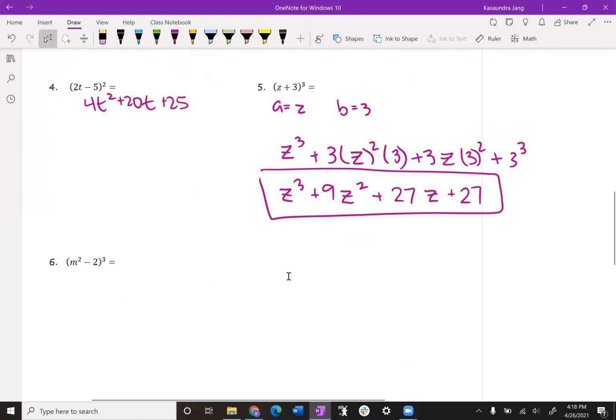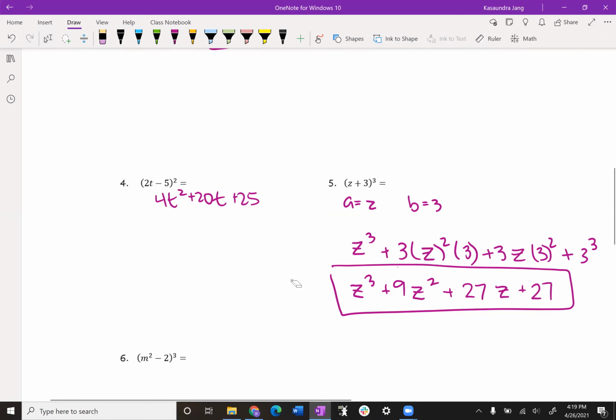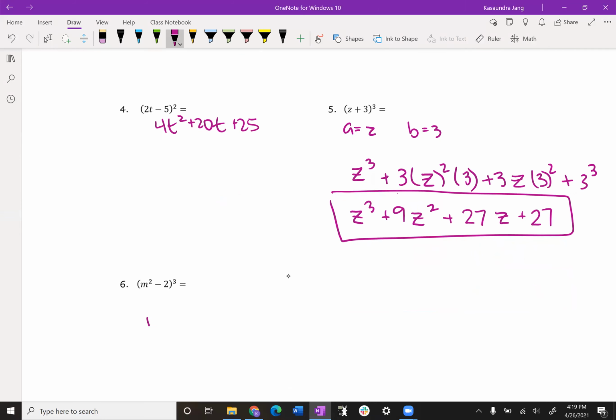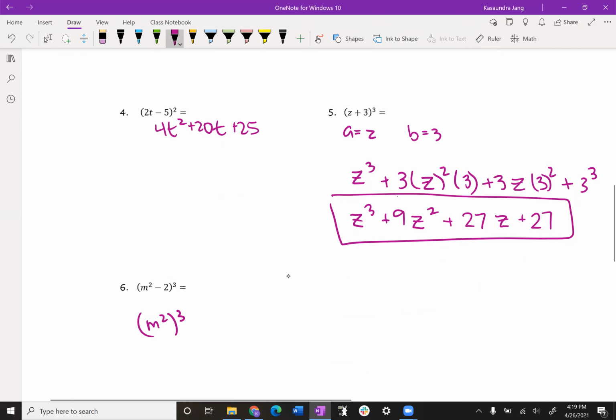All right, and the last but not least here, this was kind of what I was setting up here. I haven't simplified it yet though. It had the m squared all to the third, so I'll write that down here. All right, and then I had, let's see here, minus 3 (m squared) all squared, and then times the 2.